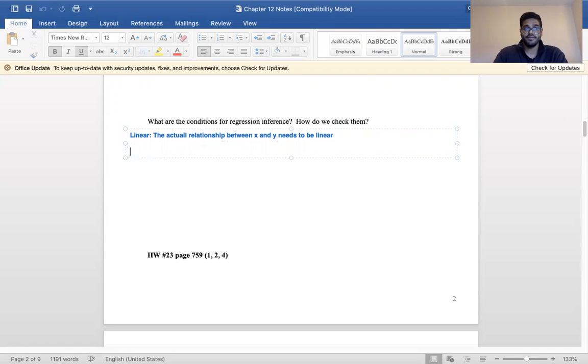So how do we check that? Check with a scatter plot. Check with a residual plot. This is a good chance for you to review how to do scatter plots and residual plots in your calculators. Those will be pretty helpful.